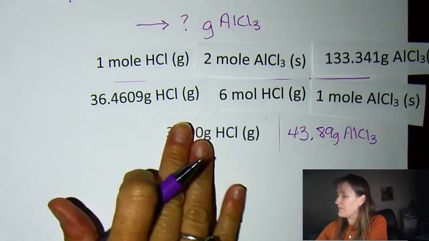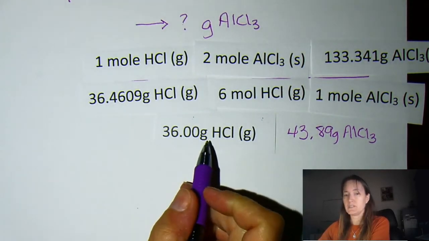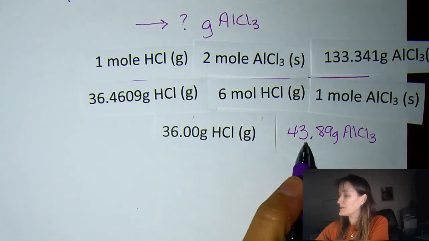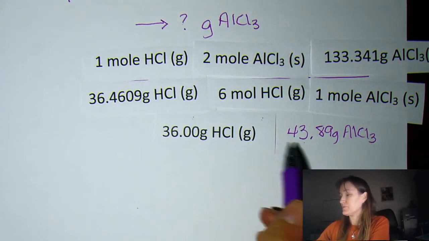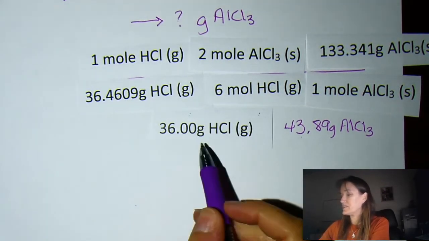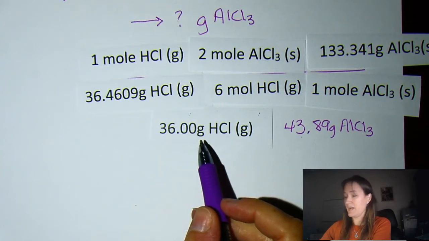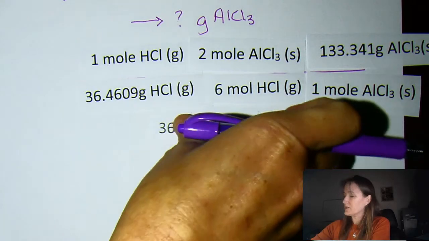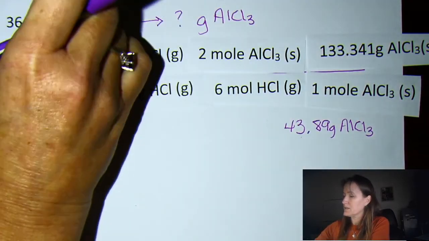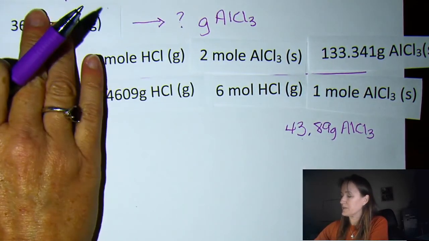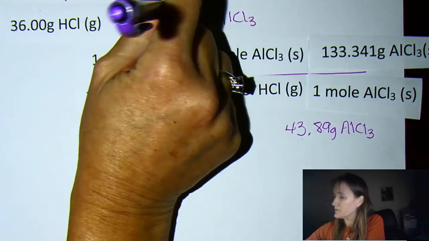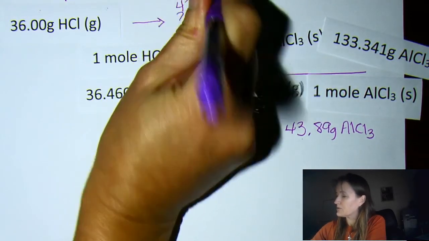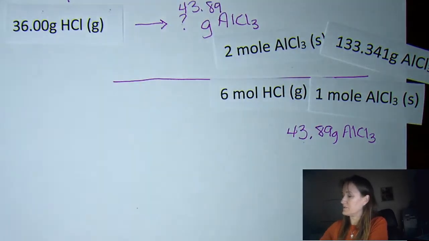So if we had 36 grams of HCl, which we do, we could make 43.89 grams of AlCl3 if all of this 36 grams of HCl reacts. So these are going to be our amounts for our first measurement. So this will be 43.89 grams of AlCl3.